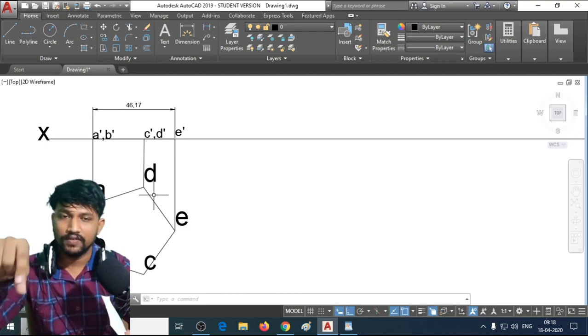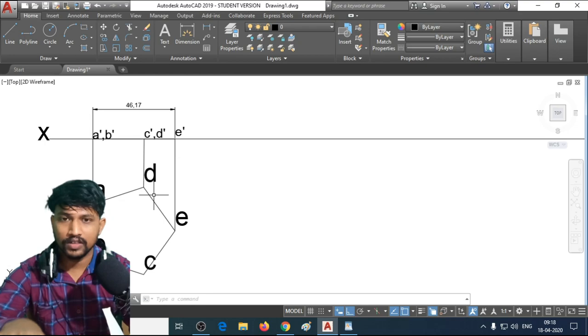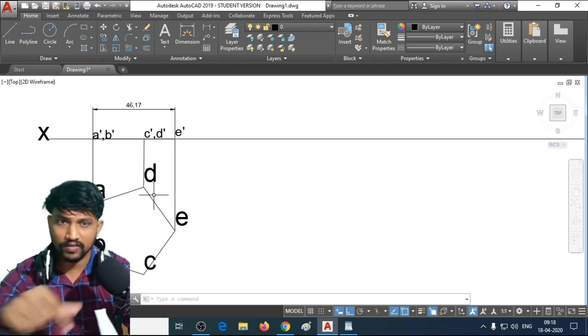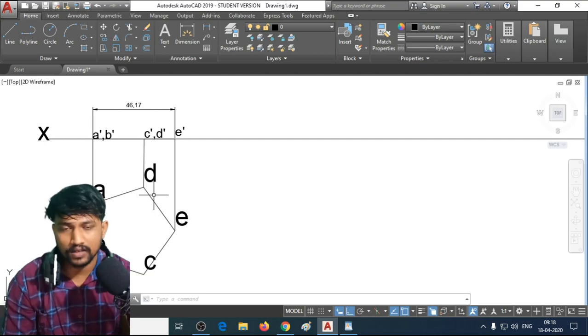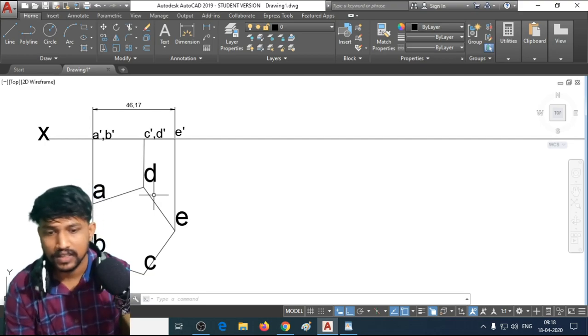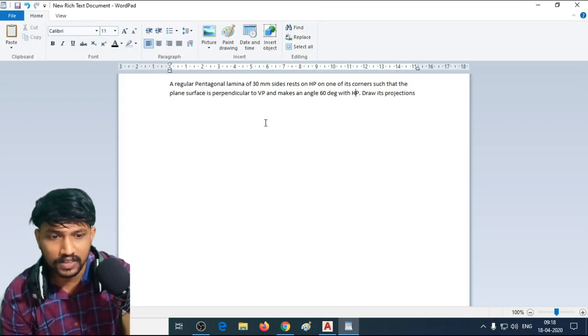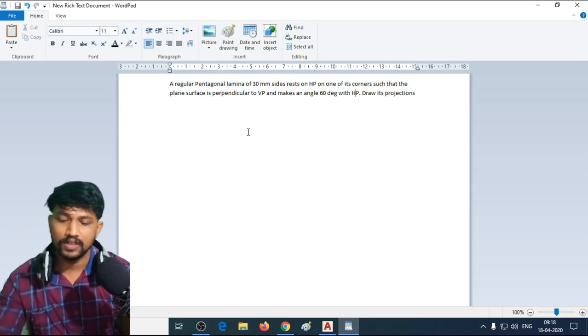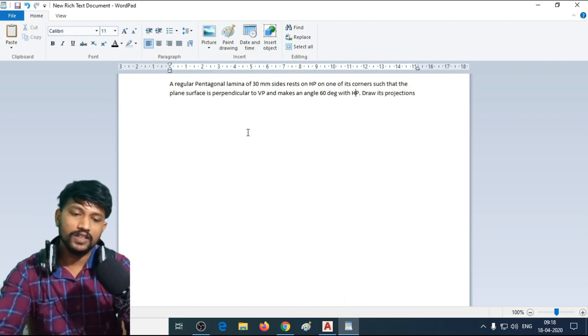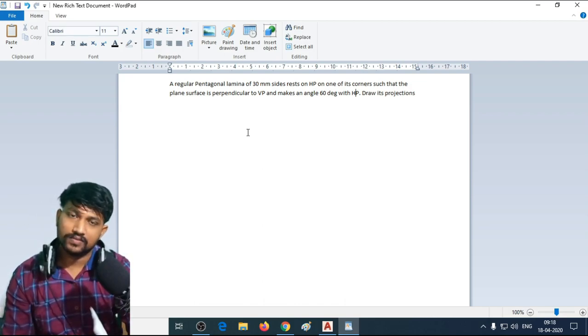If he didn't mention that it is perpendicular to the vertical plane, we will take the pentagon horizontal, with some inclination with the horizontal like this, we can take it any way we want to. But whereas he has specifically mentioned that this particular plane is perpendicular to the vertical plane, so which means it has to be raised like this.